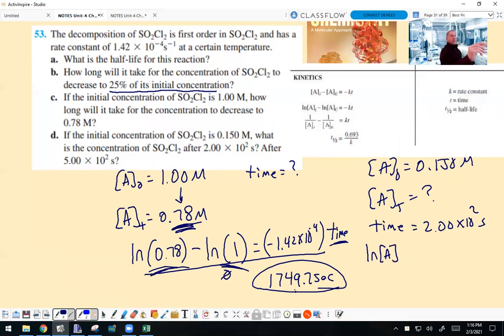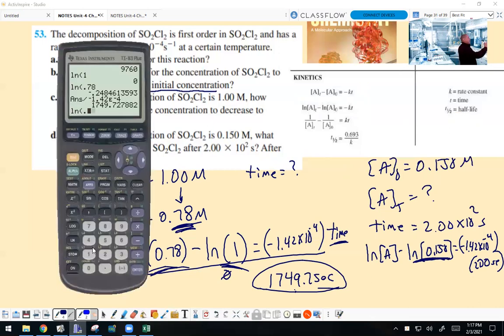Same thing, we just use the same equation we just used, but now we're solving for the concentration. The natural log of A minus the natural log of the initial concentration equals negative 1.42 times 10 to the minus 4 times 200 seconds, or 2 times 10 to the second. I like to simplify this, like I said, so I'll turn that into a decimal right away.